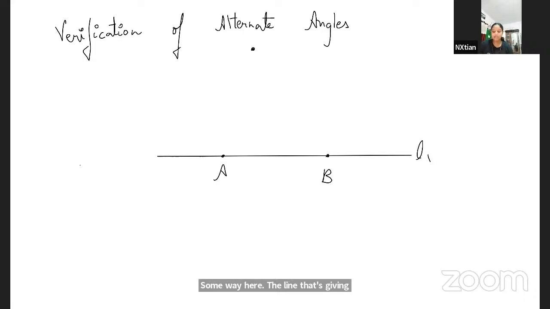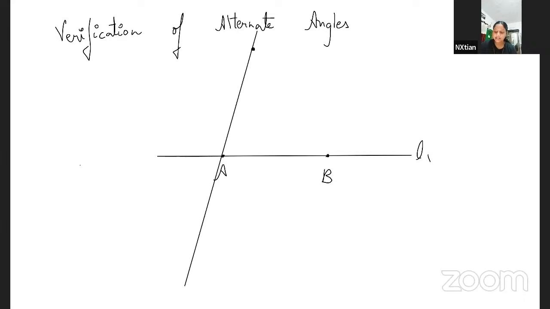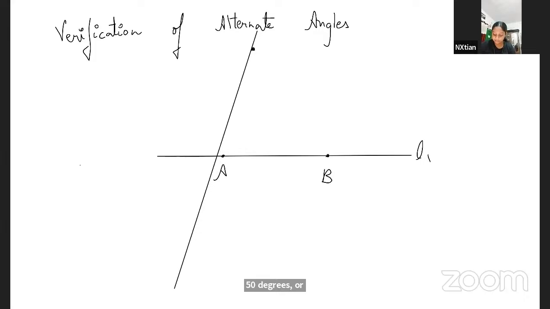Put a point there and join it, cutting through A. That is your 60-degree angle. Is it 50 or 60 degrees? 60 degrees. Done, ma'am.